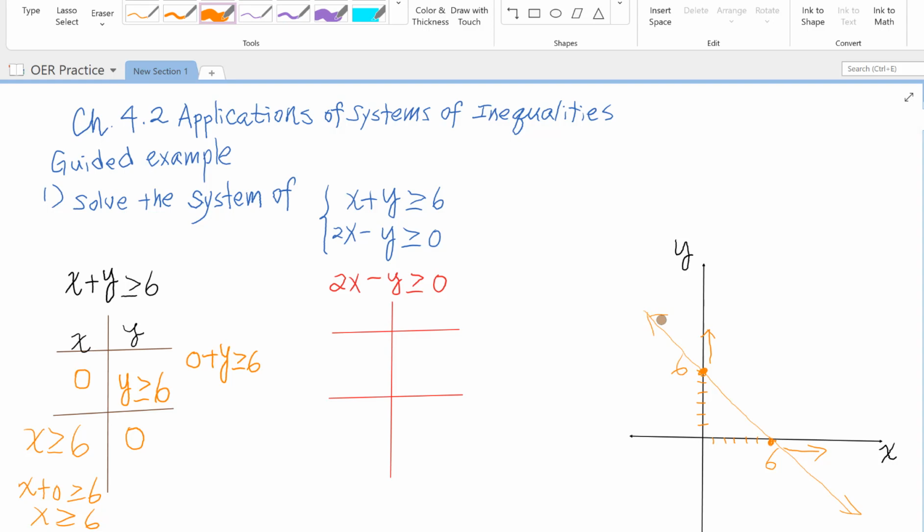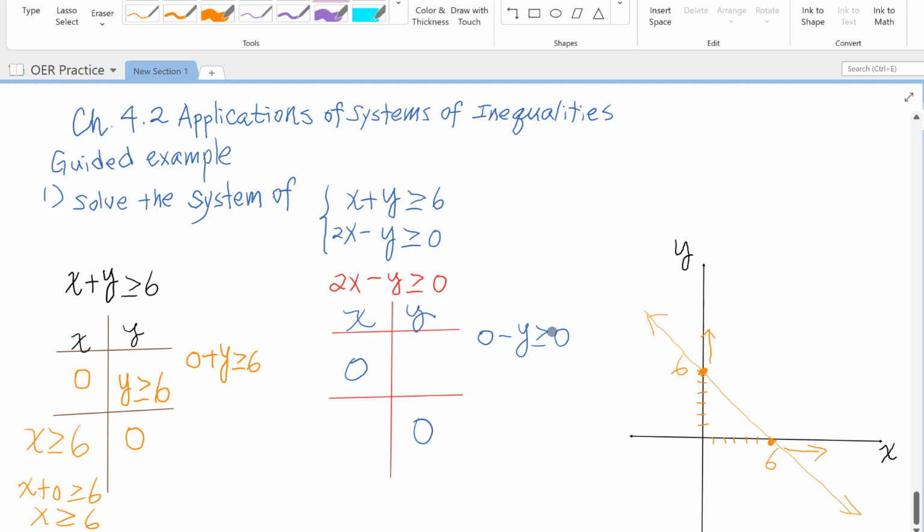Next, we're going to the second inequality, and I'm going to solve for the y-intercept and then the x-intercept. I'm going to put down x here and y here. So we substitute x by 0. So 0 minus y is greater than or equal to 0.